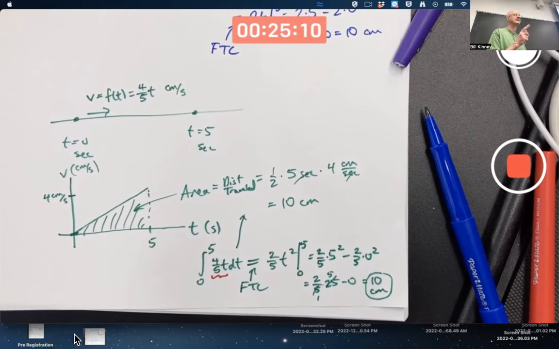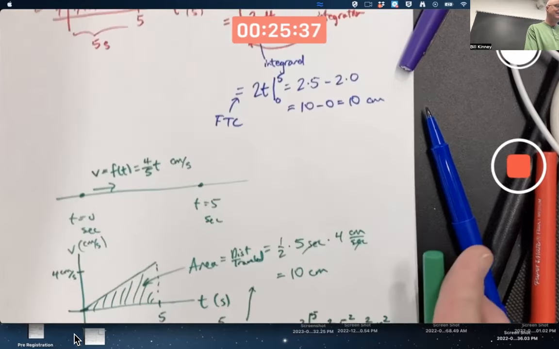It's not quite the same as change in position unless you're just moving in one direction. This is effectively ending position minus starting position, going in one direction. So this is the distance traveled. But again, this generalizes.